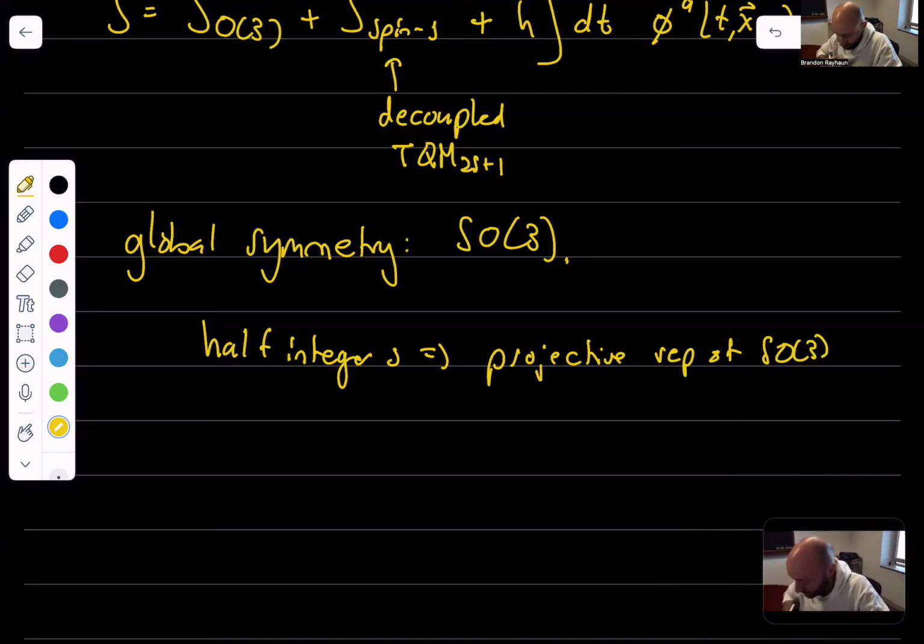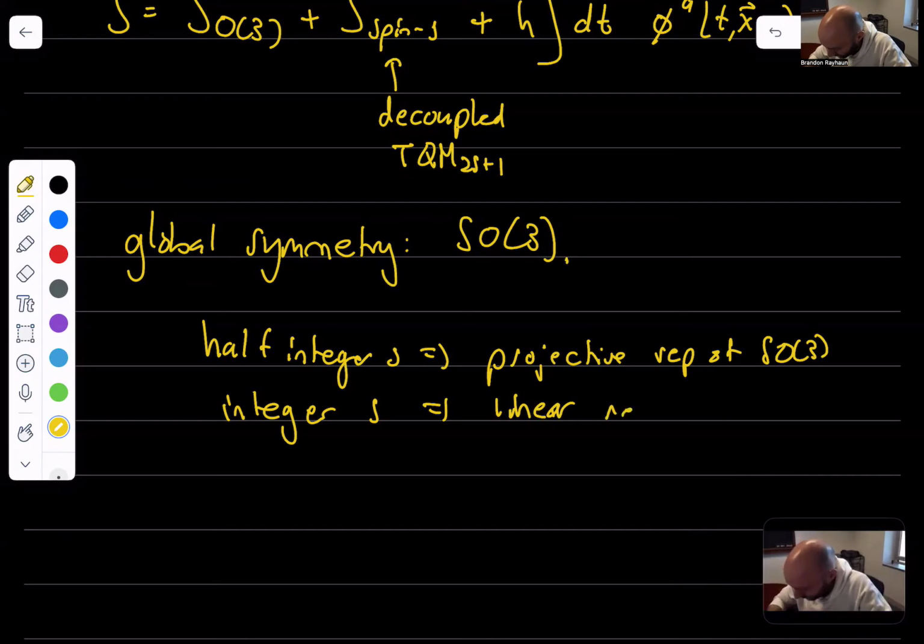The states in a qubit, in a spin s qubit, transform in a projective representation of SO3. And so we conclude that there is an anomaly, whereas for integer s, you transform in linear representations of SO3, and there's no anomaly.